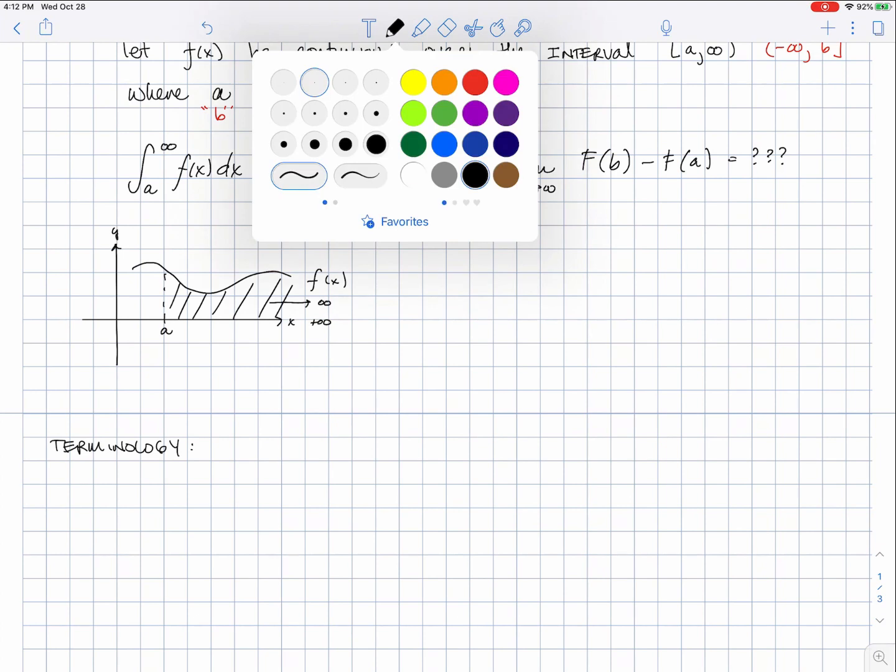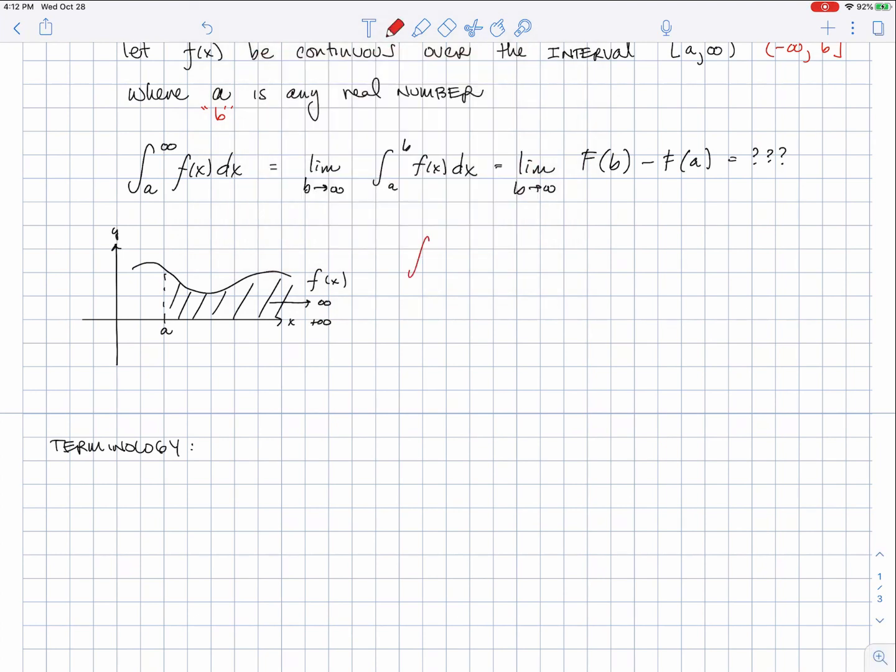Likewise, as I have here in red, we can do the same thing for negative infinity up to b of f of x dx. If we have a lower limit that is improper, negative infinity, we can deal with this the same way and look at the limit as a approaches negative infinity of the integral from a to b of f of x dx, which will translate into the limit as a approaches negative infinity of capital F of b minus capital F of a.